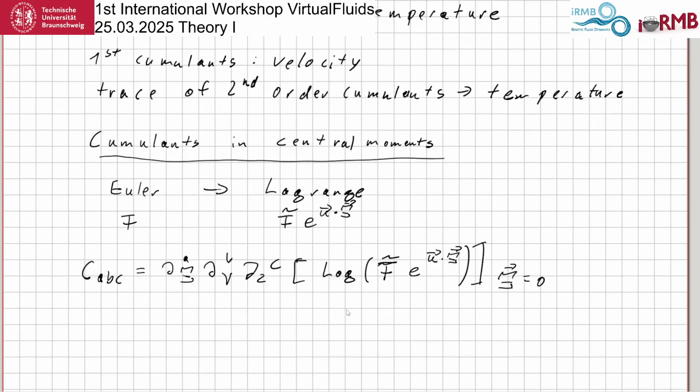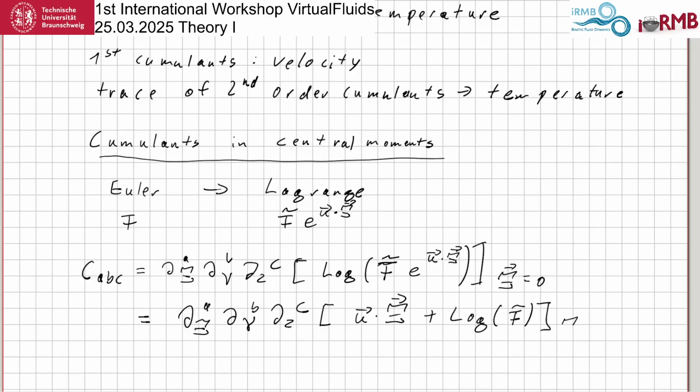So what would this give us? This gives us everything that's in front, u times xc, plus the logarithm in the other frame of reference, the centered frame of reference, and here xc is again equal to 0.